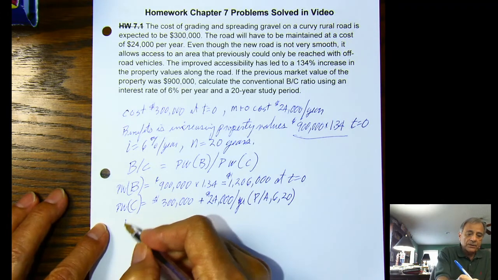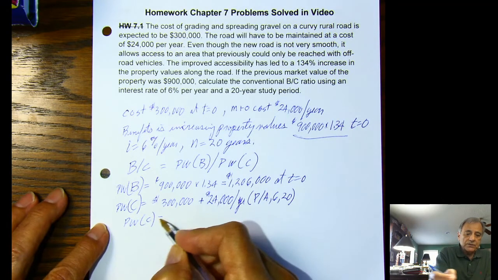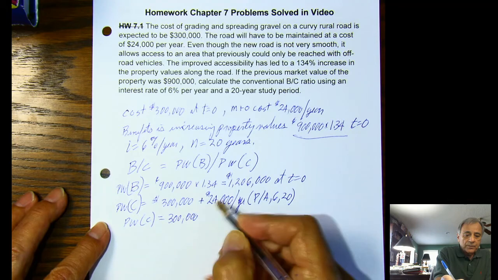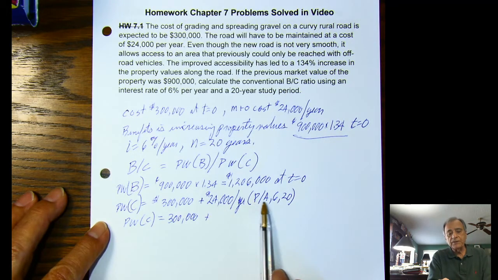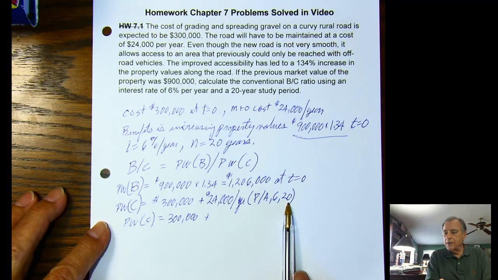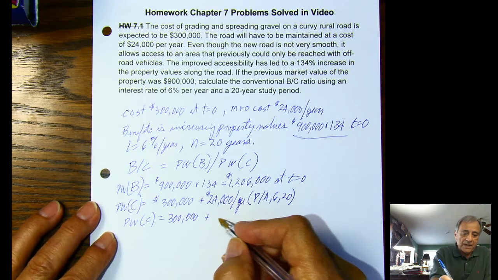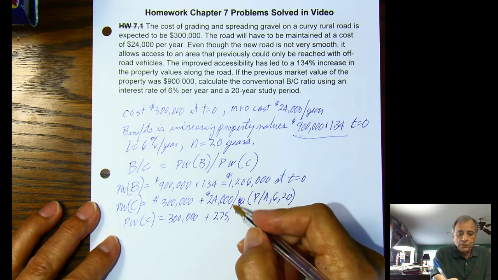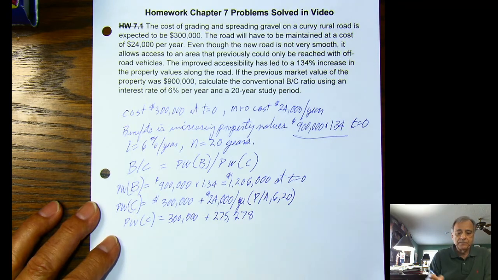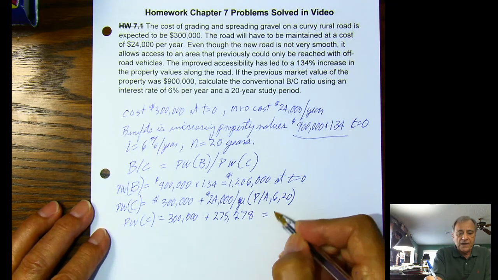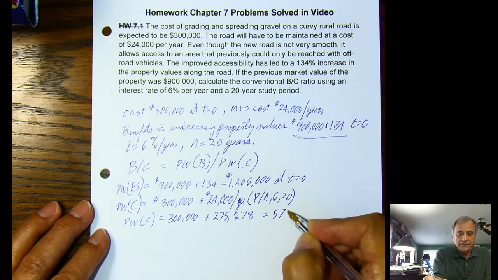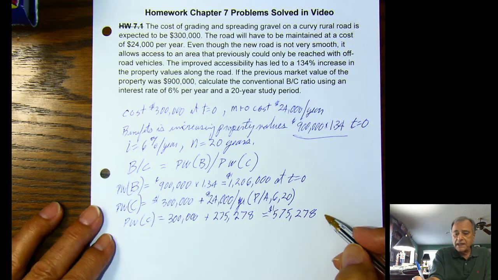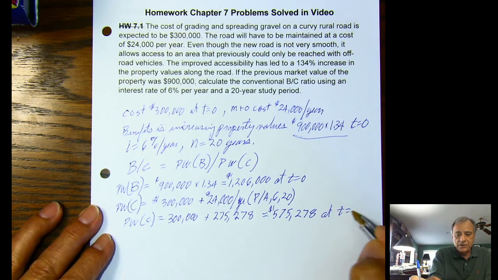So present worth of cost equals 300,000 plus 24,000 P given A, 6% for 20 years. That number turns out to be, when I looked it up on my app, $275,278. So if I add those two together, I get $575,278, and all those dollars now are at time zero.